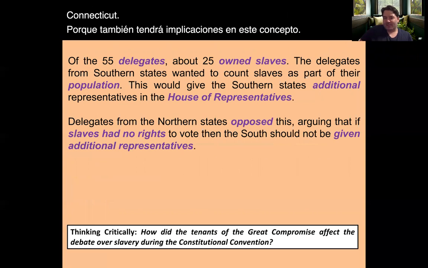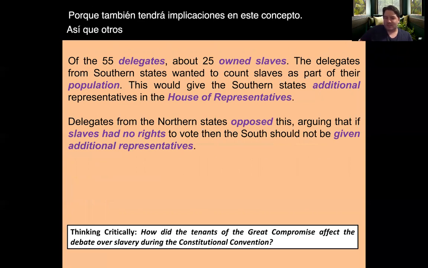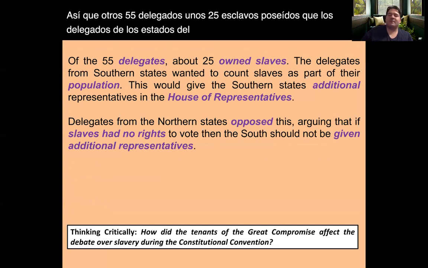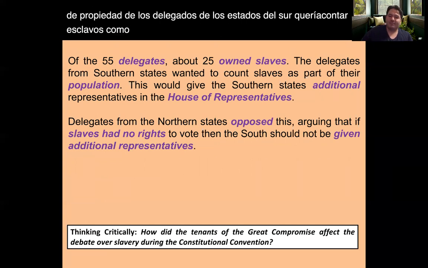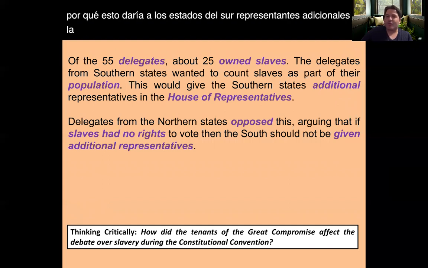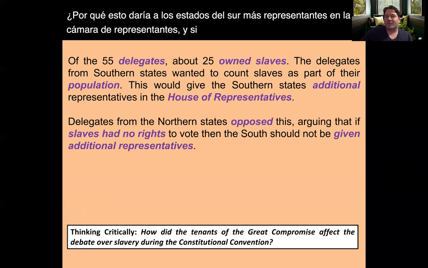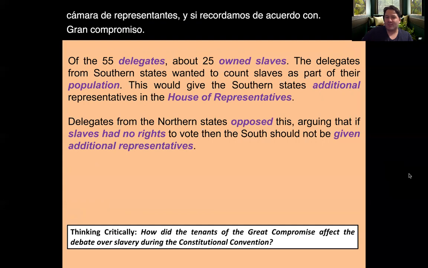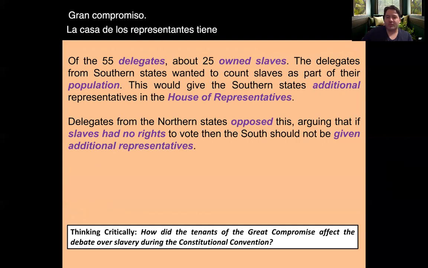Of the 55 delegates, about 25 owned slaves. The delegates from the southern states wanted to count slaves as part of their population. Why? This would give the southern states additional representatives in the House of Representatives. According to the Great Compromise, the House of Representatives was based on proportional representation, which means based on the population.